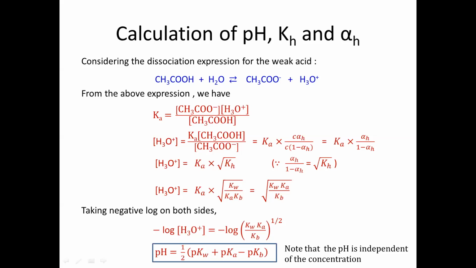However, if pKa is greater than pKb, then we get pH greater than 7. Sorry, pKa greater means it is a weaker acid. And if pKb is greater, that means it is a weaker base, then we have pH less than 7.